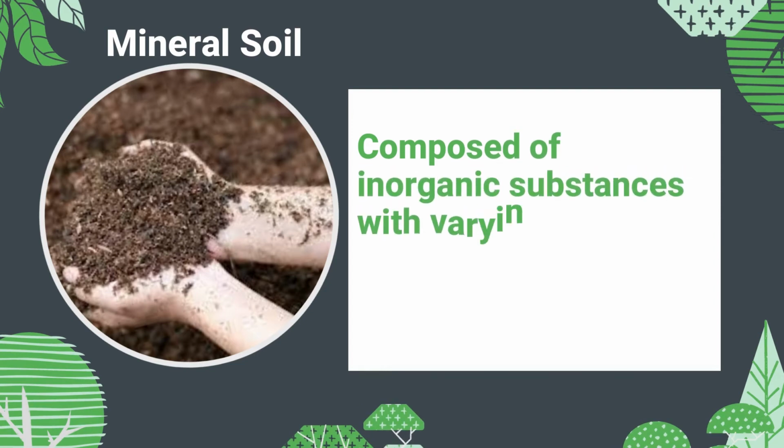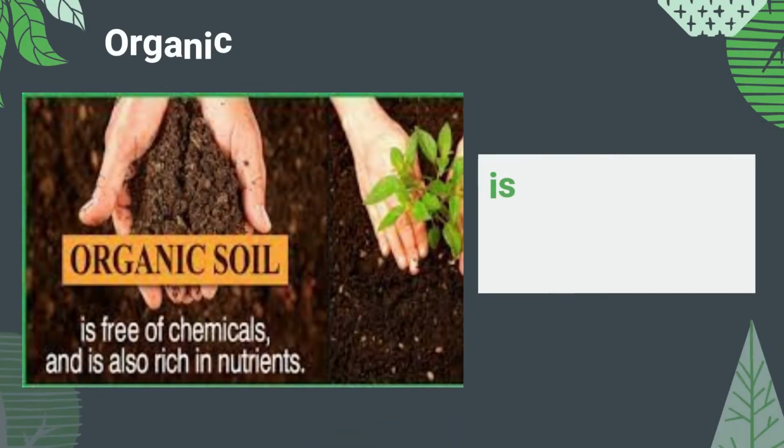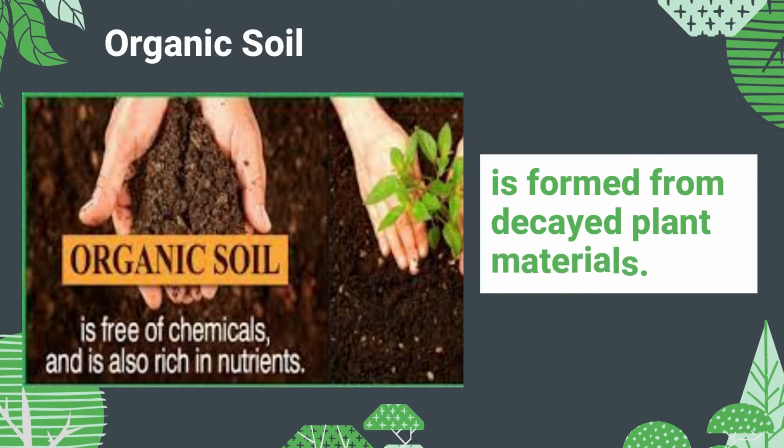A mineral soil, on the other hand, is composed of inorganic substances with varying amounts of decaying organic matter. Organic soil is formed from decayed plant materials. It is free of chemicals and also rich in nutrients.